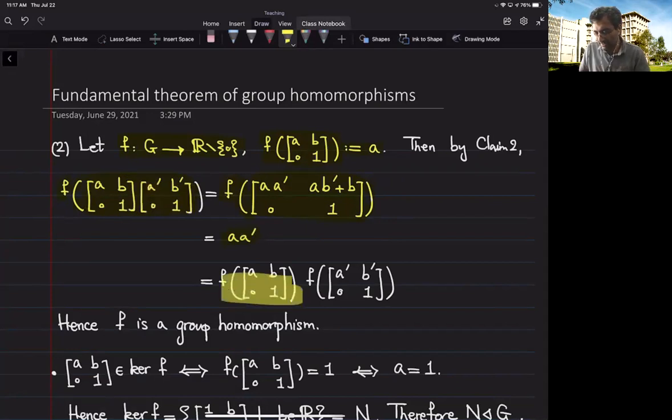So I get that this is the product of F of the first element and F of the second element. That means F is a homomorphism. So we got a homomorphism from G to the set of non-zero real numbers.